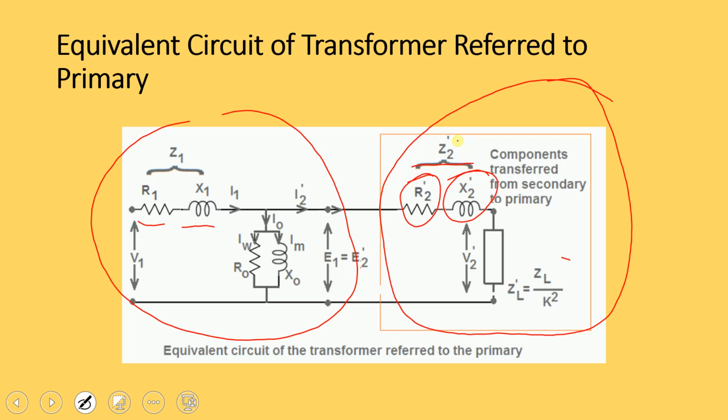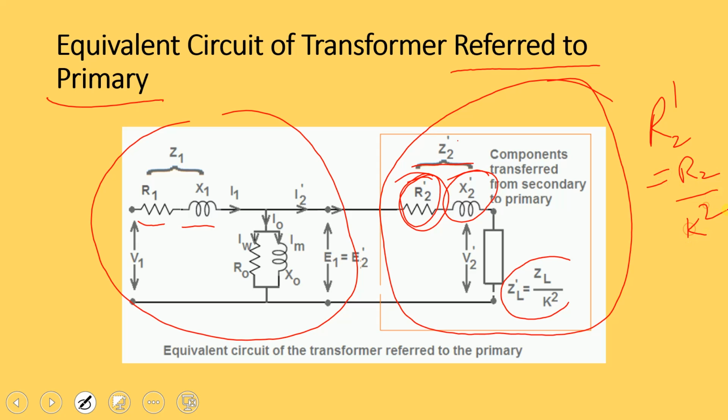And the load is also shifted to the primary side, that will become ZL dash. Keep one thing in mind, when we are shifting the secondary components towards the primary, that is called referred to the primary. R2 dash is equal to R2 upon K square.